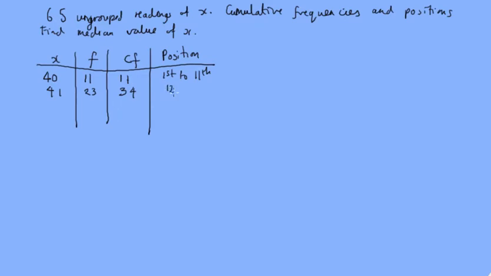So that's from the 12th position to the 34th position. Then x is 42, and that frequency is 19 times. So the cumulative frequency is 53. So that takes us from the 35th position to the 53rd position.